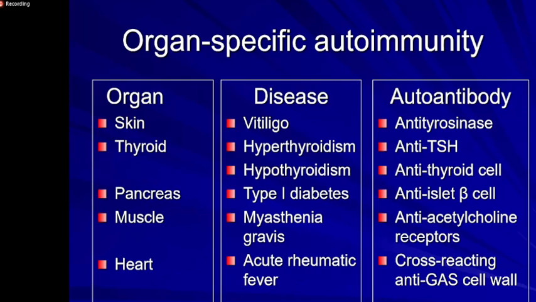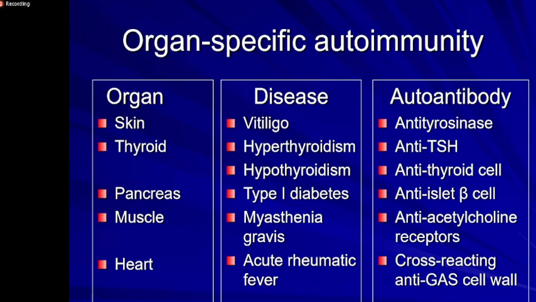Now, there are organs for which we know you can have organ-specific autoimmune diseases. One of them is skin. The other one is thyroid. The other ones are pancreas, muscles, and heart.